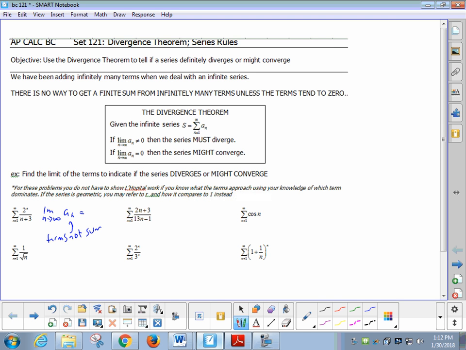We don't have to do all that Leibniz work, or L'Hopital work, you can just use magnitude and end behavior. Which goes faster, the exponential or the linear? And so the terms will go to infinity, that's not zero, so diverges. That's what the work should look like, okay?